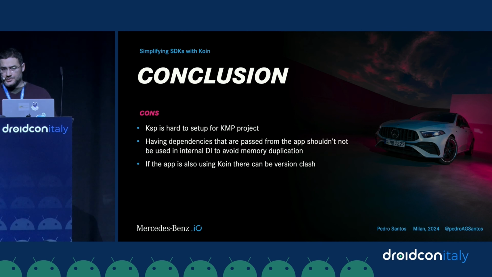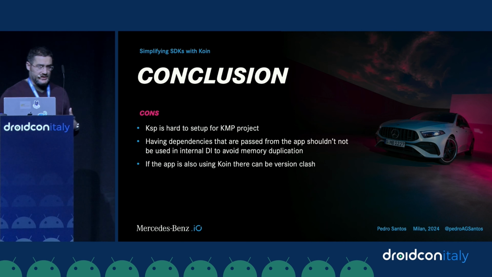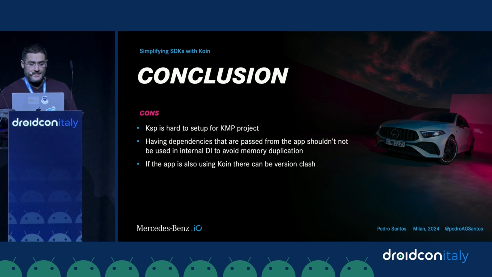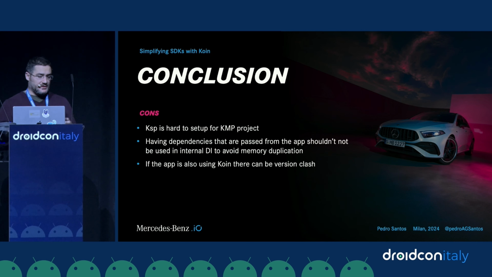Because, of course, at a certain point, they will need to update, and your library is already on the latest version of Koin, so they need to match there. I guess these were the only cons we had until now.